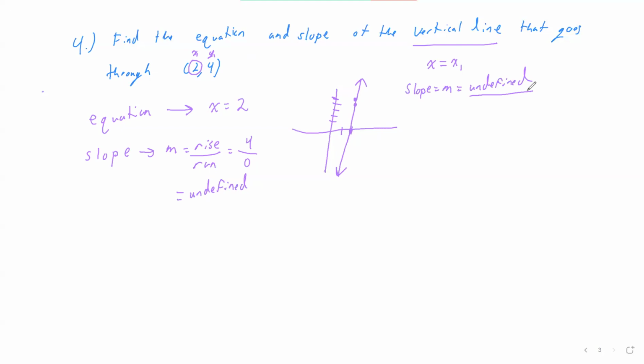In my classroom, I actually spell the word horizontal horizontally and vertical vertically. So they can remember, oh, if it's this way, slope is 0, and it goes through the y-axis. Where vertical goes up and down, so that must be undefined, and it goes through the x-axis.